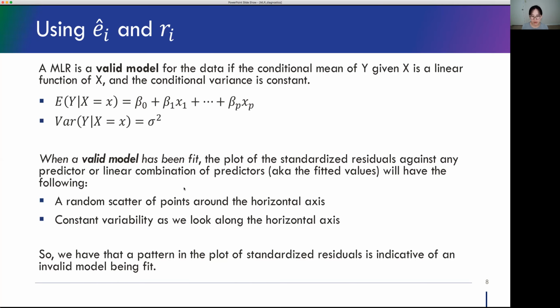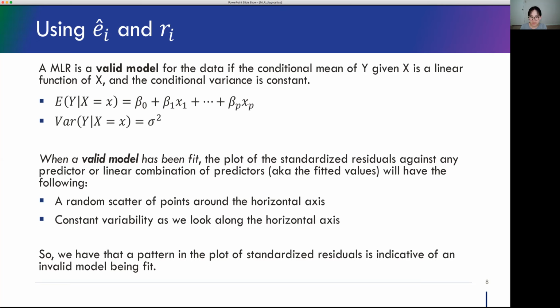When a valid model has been fit, the plot of the standardized residuals against any predictor or linear combination of the predictors, such as the fitted value, will show a random scatter around the horizontal axis. The fitted value is a linear combination of the predictors, right?